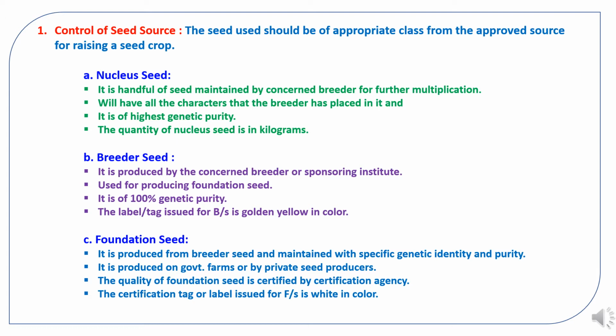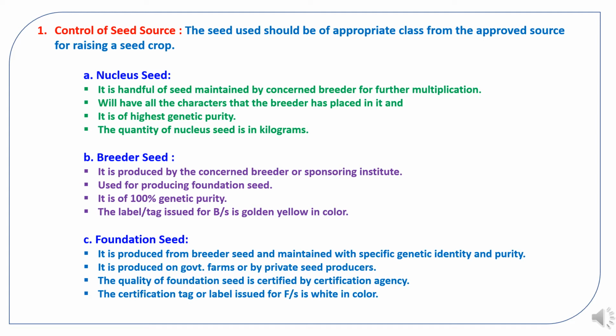Second is breeder seed. This is produced by the concerned breeder or a sponsoring institute, and is used for producing foundation seed. It is of 100% genetic purity, and the label or tag used for breeder seed is golden yellow in color. Third class is foundation seed. It is produced from breeder seed and maintained with a specific genetic identity and purity.